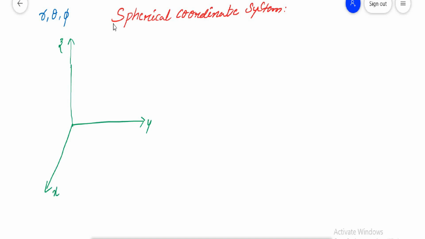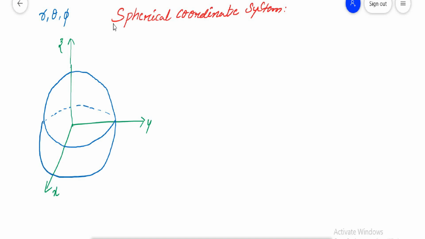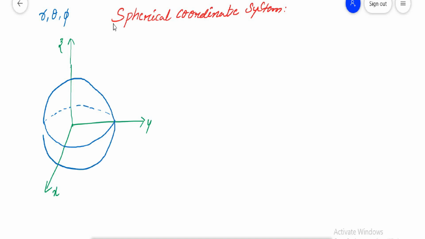So let us draw the spherical coordinate system. It is something like a sphere.